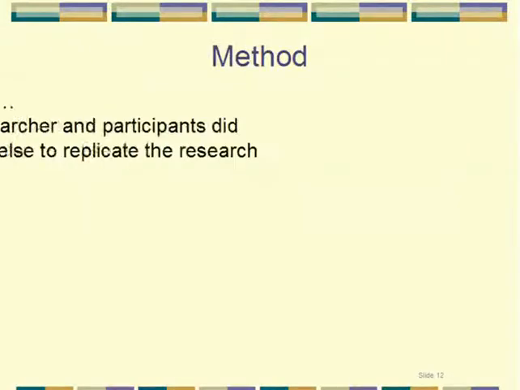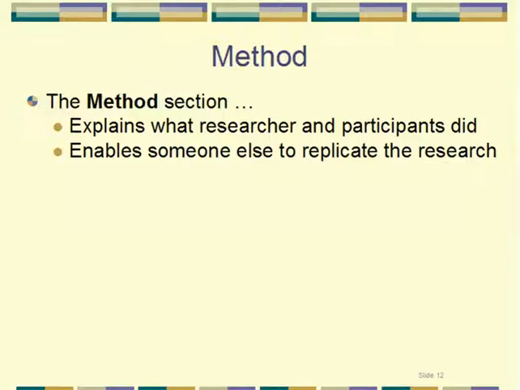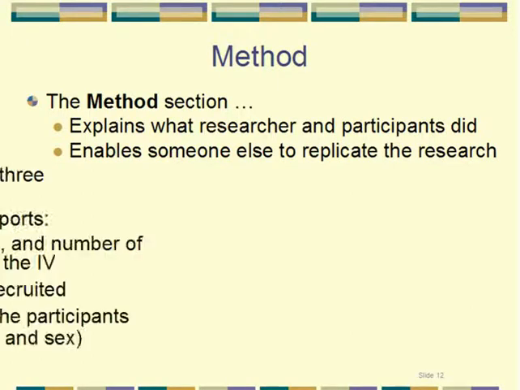Let's now move to the method section. The method section explains what the researcher and participants did, and it enables someone else to replicate the research. So basically, a good method section allows any other researcher to replicate the study perfectly.